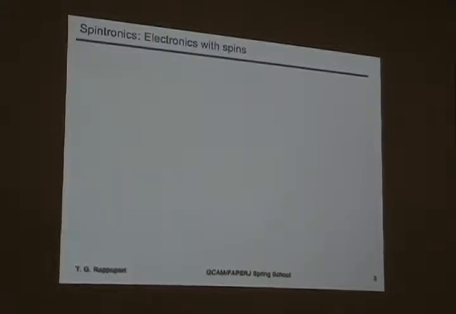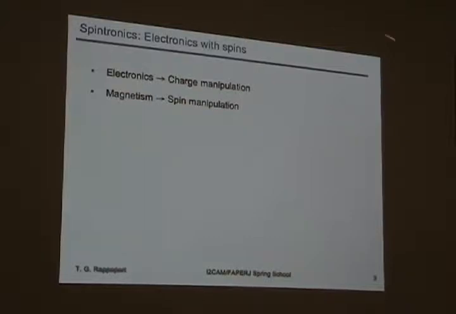So, okay, one of the main motivations to study these diluted magnetic semiconductors is spintronics. While in electronics, we only care about the charge manipulation of the carriers, and in magnetism, we manipulate spin degrees of freedom.